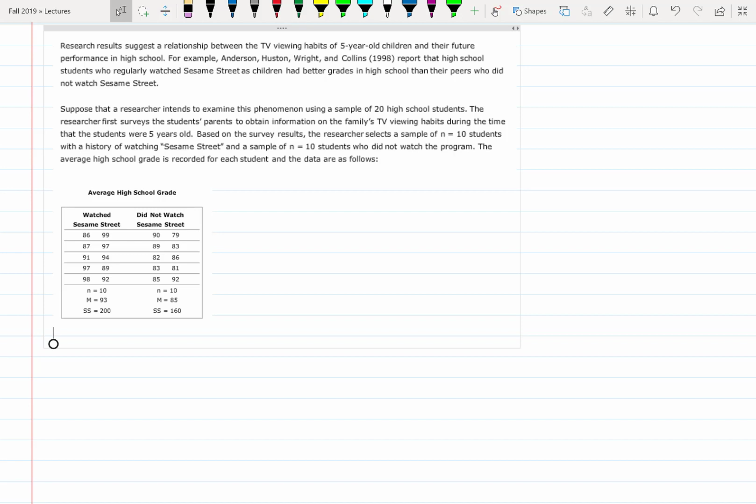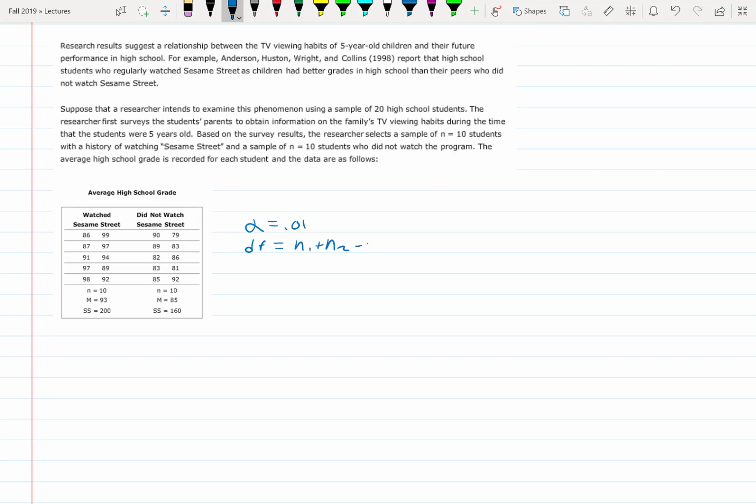Let's first start out by figuring out the critical value for t. The problem here is asking us to test the statistical significance at alpha equals 0.01. So the first thing we need to do, because it's a t-test, is figure out our degrees of freedom. In a test like this, the degrees of freedom is equal to n1 plus n2 minus 2, which in this example is going to be equal to 18.